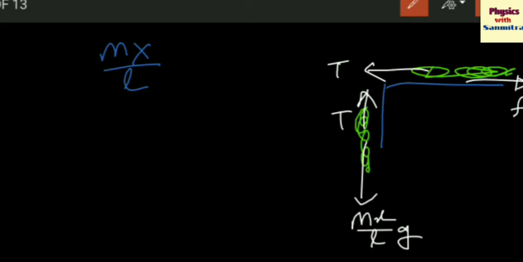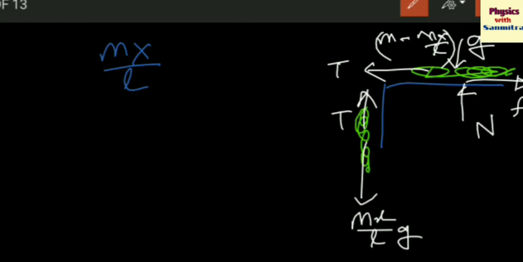And what is the friction force? This is the mass of the remaining part on the table, that is M minus MX by L, whole into G. This is the weight, and this is the normal reaction.